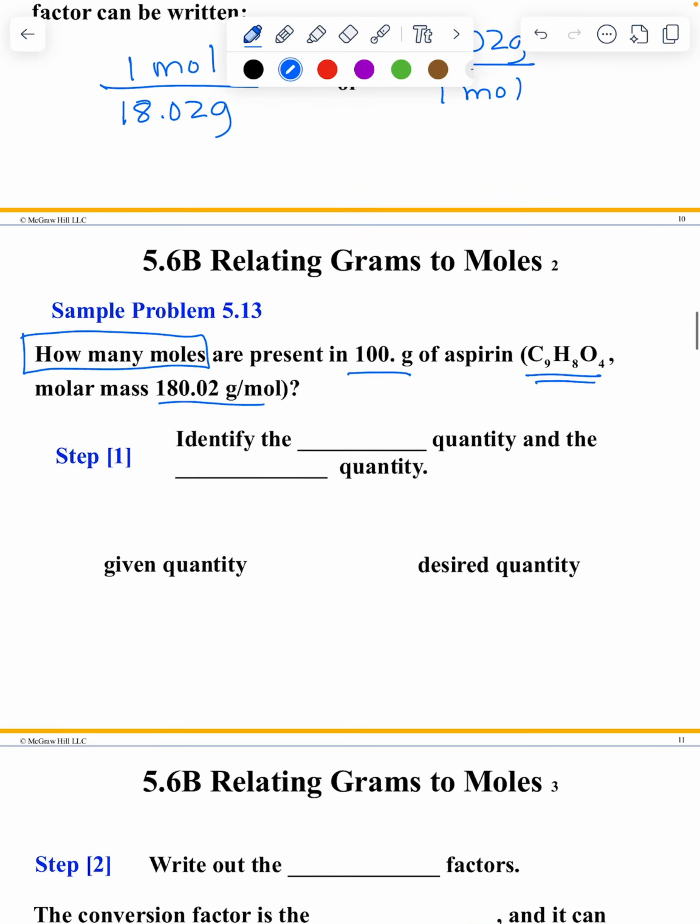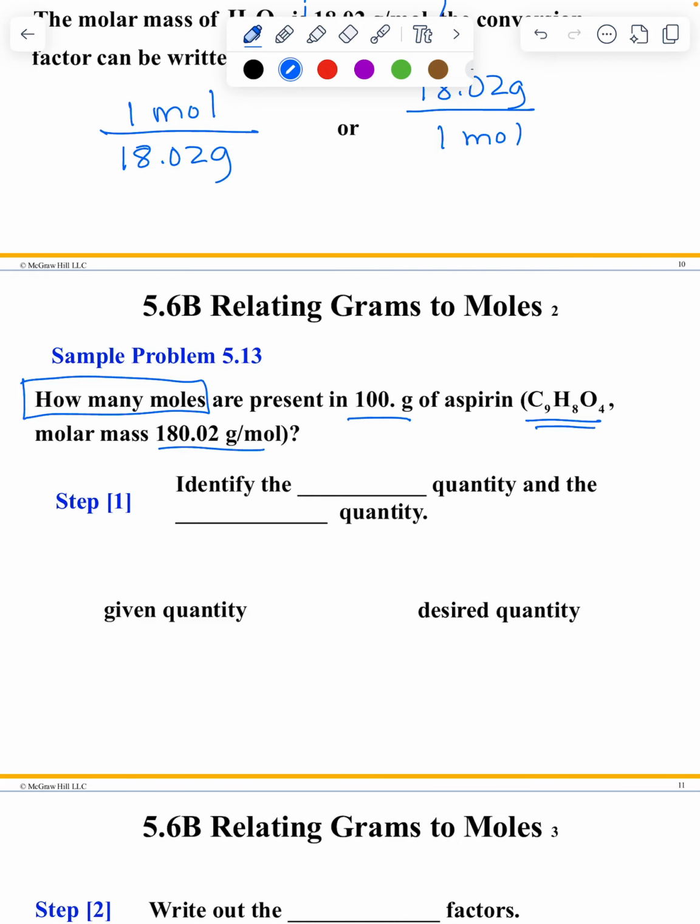We would just take C9H8O4. We would take our carbon, and there's 9 of those. We have our hydrogen, and there's 8 of those. And we have our oxygen, and there's 4 of those.